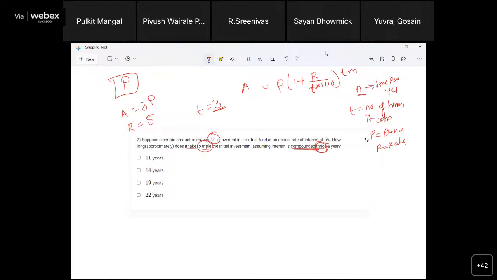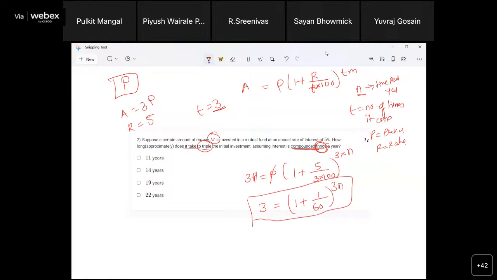So thrice P equals P times (1 plus R upon 3 into 100) to the power 3 times the time. This P will get cancelled. So 3 equals (1 plus 1 by 60) to the power 3n. Now you have to solve this expression for n.